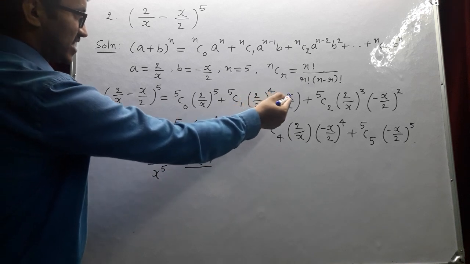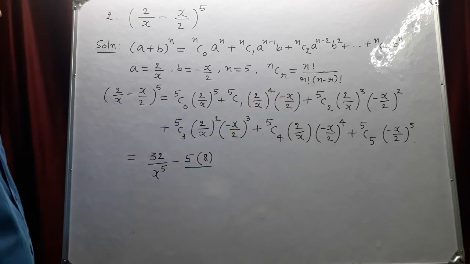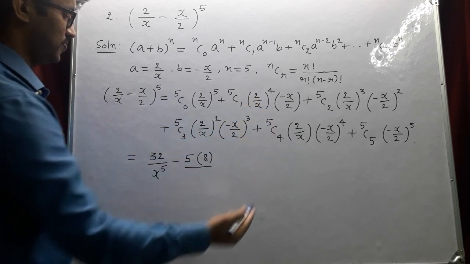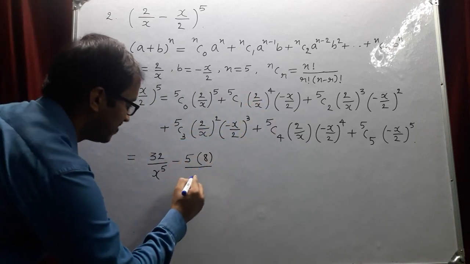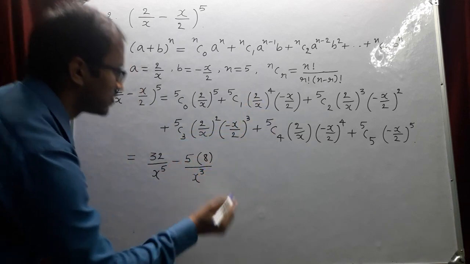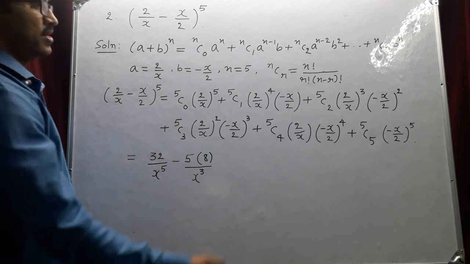So x by x power 4, that is x cube. So 5 into 8 divided by x cube.